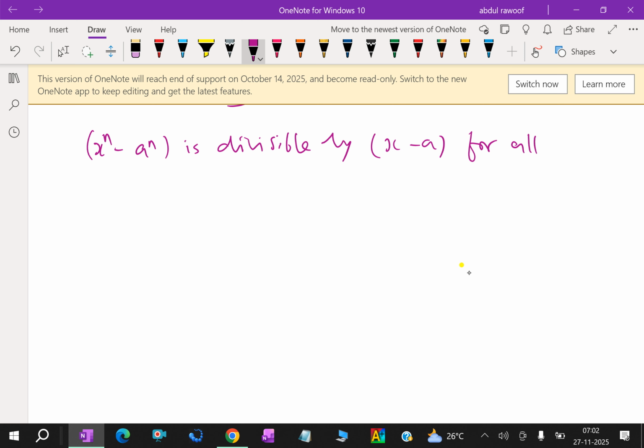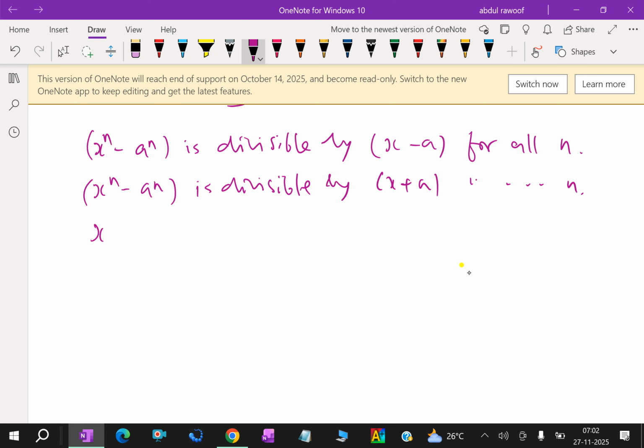and x power n minus a power n is divisible by x plus a, also a factor, for all even values of n.